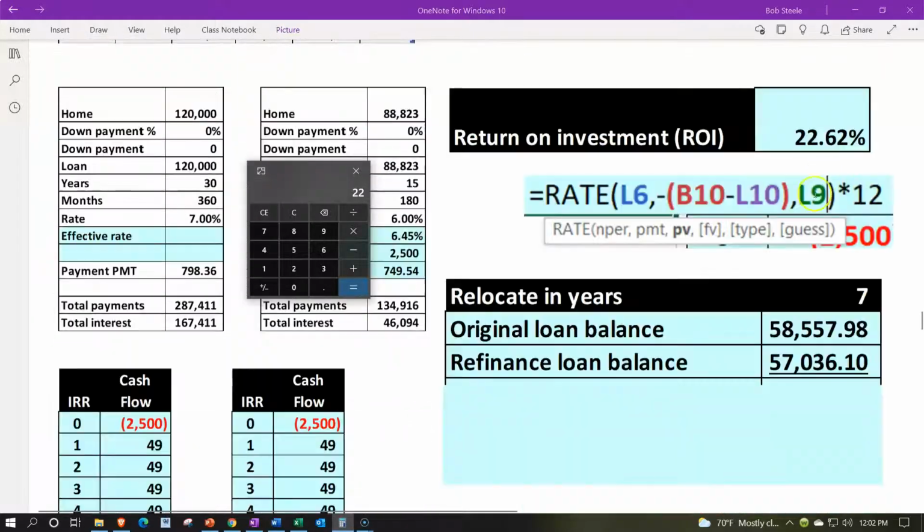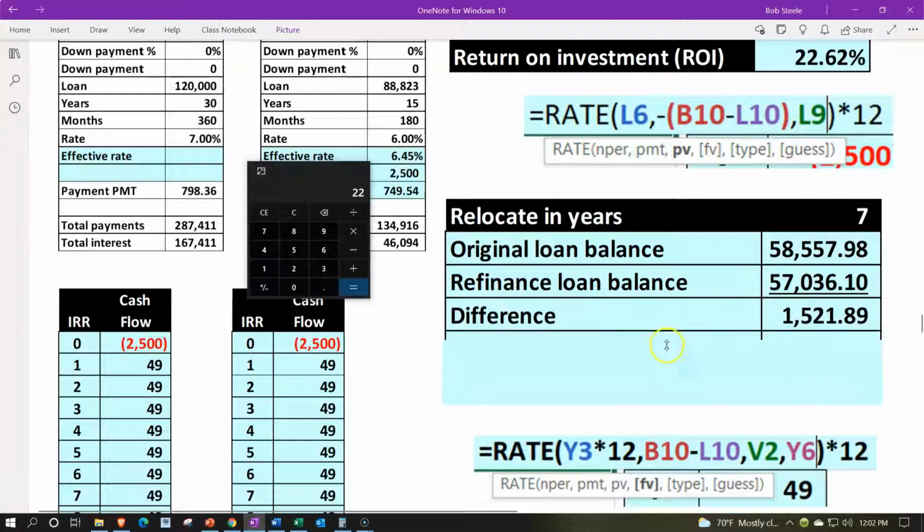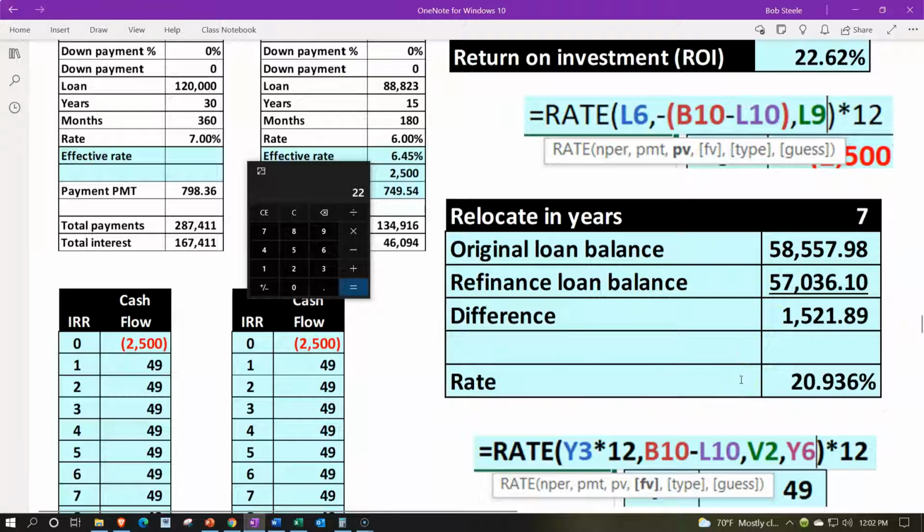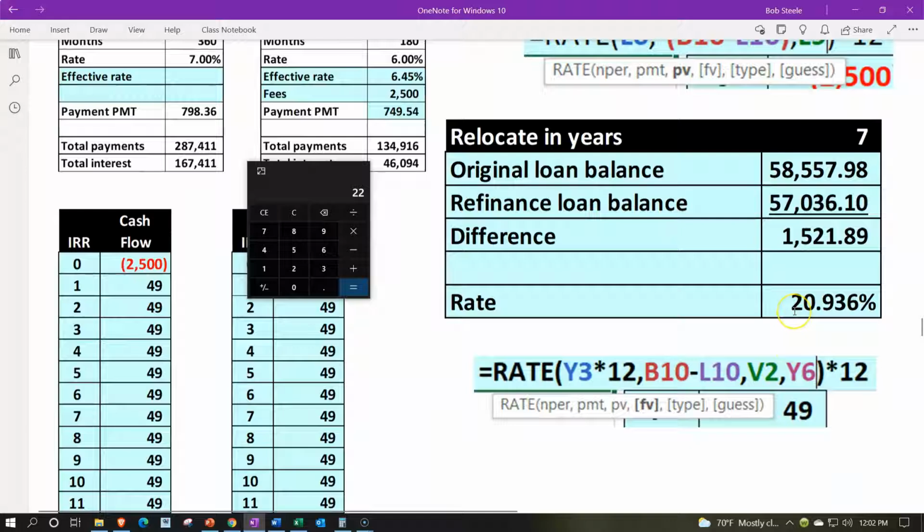So now we're going to put that here. That's the 57,036. And the difference between those two then, the balance we would still have at the end, would be the 1,521.89.